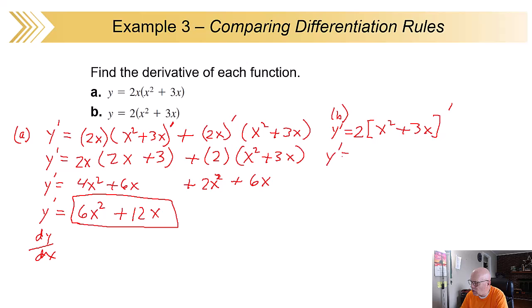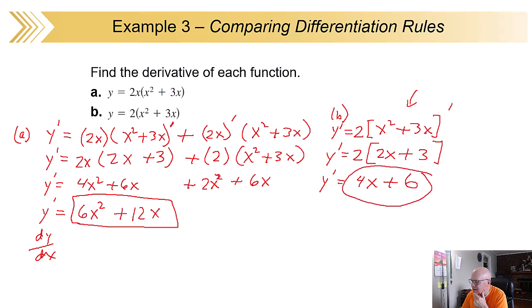So y prime equals, leave that 2 alone, take the derivative of what's inside, 2x plus 3. Distribute, and y prime equals 4x plus 6. Quite different, right? 4x plus 6 for this one, and 6x squared plus 12x for this one. All we did was just add a factor of 2x.